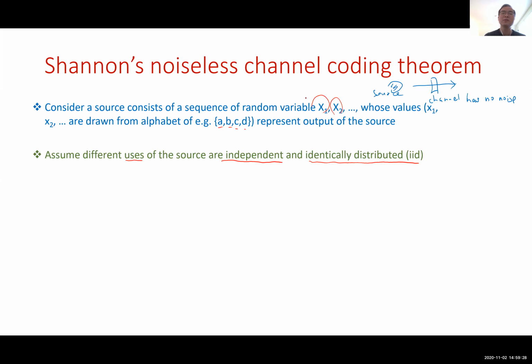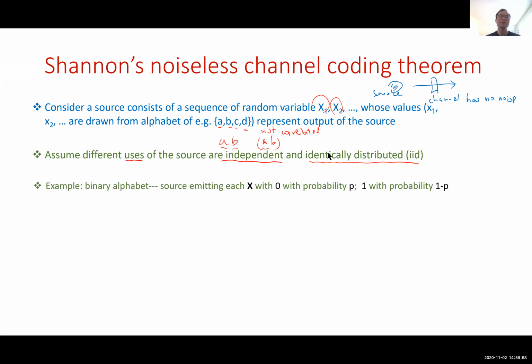They're not correlated, but they follow the distribution. So, for example, the appearance of A obeys some probability. B also obeys some probability. The existence of A doesn't change the existence of B, so they are not correlated. So this does not apply to the English alphabet, but we're just going to discuss the simplest scenario.